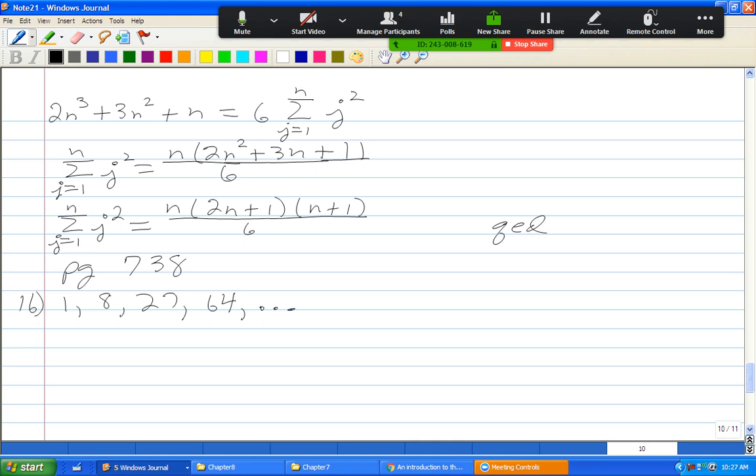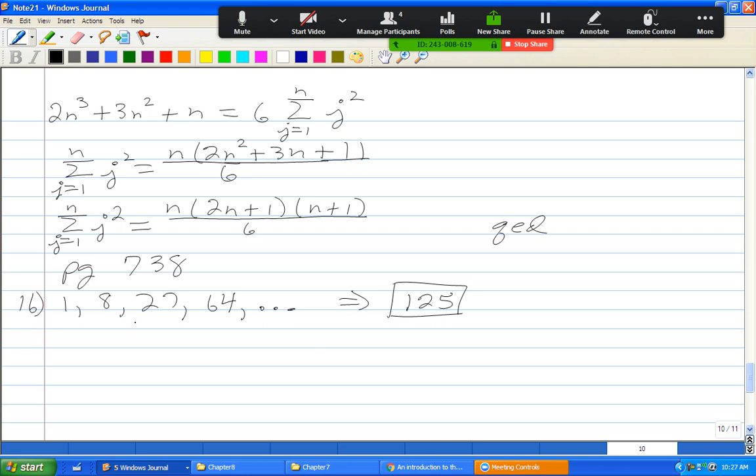Write the next term of each sequence. Okay, so 1 cubed is 1, 2 cubed is 8, 3 cubed is 27, 4 cubed is 64. So 5 cubed is 125. So the next term in this pattern is 125.